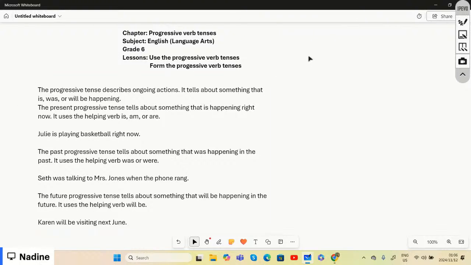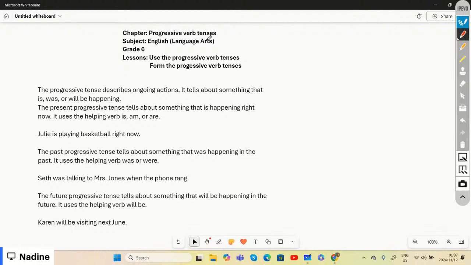All right. So when it comes to progressive verb tenses, firstly, a verb is a doing word. I like to break down the words so that we can get an idea of what the word means. A verb is a doing word, the action that is being done. The tenses tell us if it's present tense, past tense, or future tense, the action that takes place in the present, in the past, or in the future.